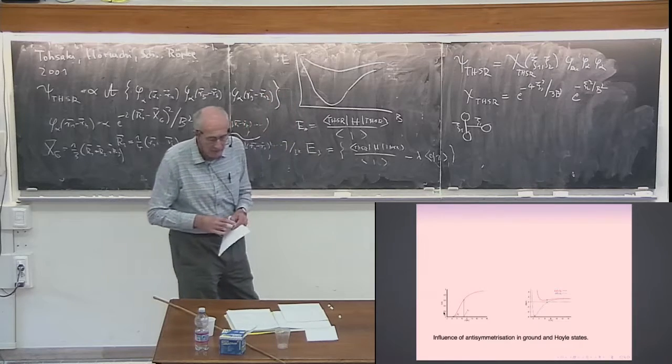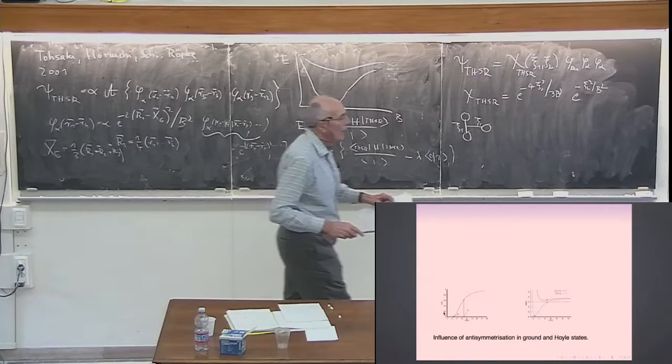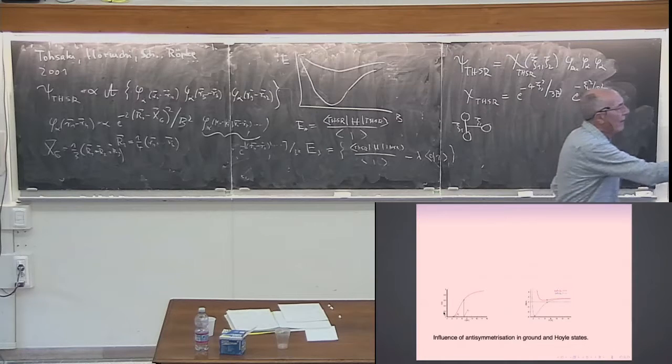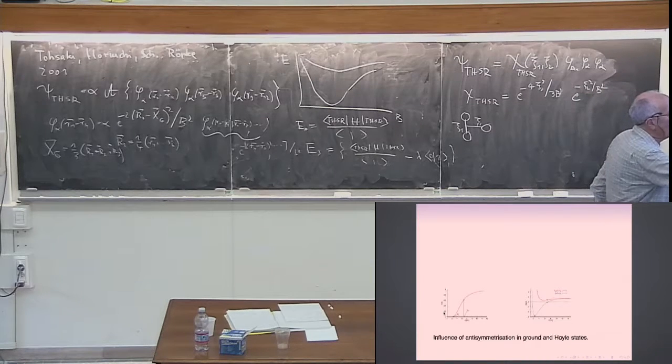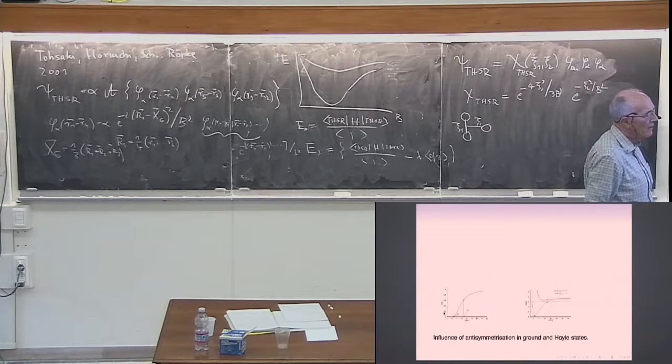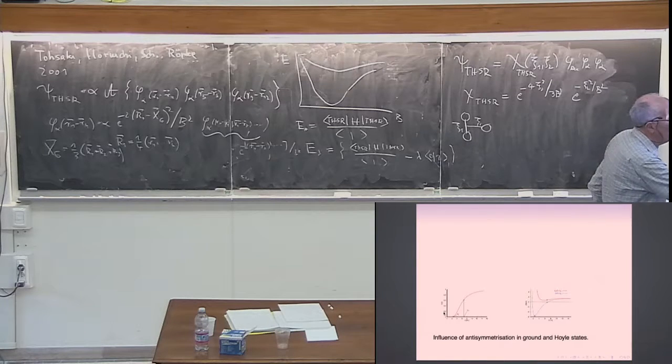So this is the energy curve for the ground state, and this is the energy curve for the first excited state, always 0 plus, as a function of the B parameter. The minimum for the excited state is a little bit shifted because the eigenvalue of the excited state has some zero-point fluctuations.